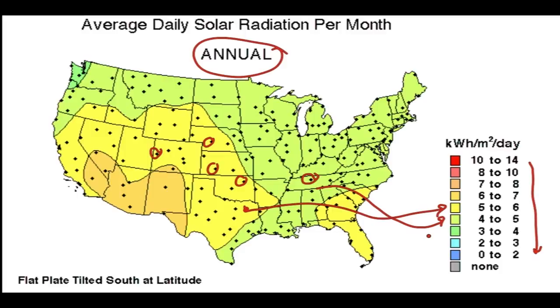But on an annual average basis, that's how much solar energy will strike a square meter, about 10 square feet, on a daily basis. A kilowatt hour is 3,413 BTUs per hour if you want to convert that. So that's what we're going to create here.